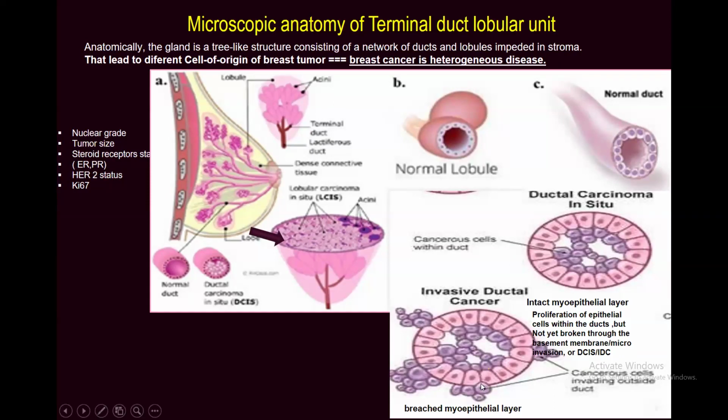And as you know, the breast looks like a tree and is composed of different tissue, as we mentioned before. And this results in a heterogeneity of the breast cancer disease, depending on whether it arises from this structure or from that structure.